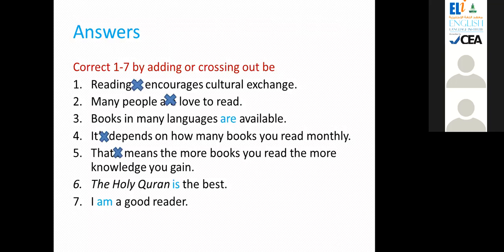So many people love to read. Books in many languages are available. It depends on how many books you read monthly. That means the more books you read, the more knowledge you gain. And the Holy Quran is the best. And I am a good reader. So here, sometimes we add verb to be, and sometimes we cross it out because we cannot join 2 independent verbs following each other as in the sentences.